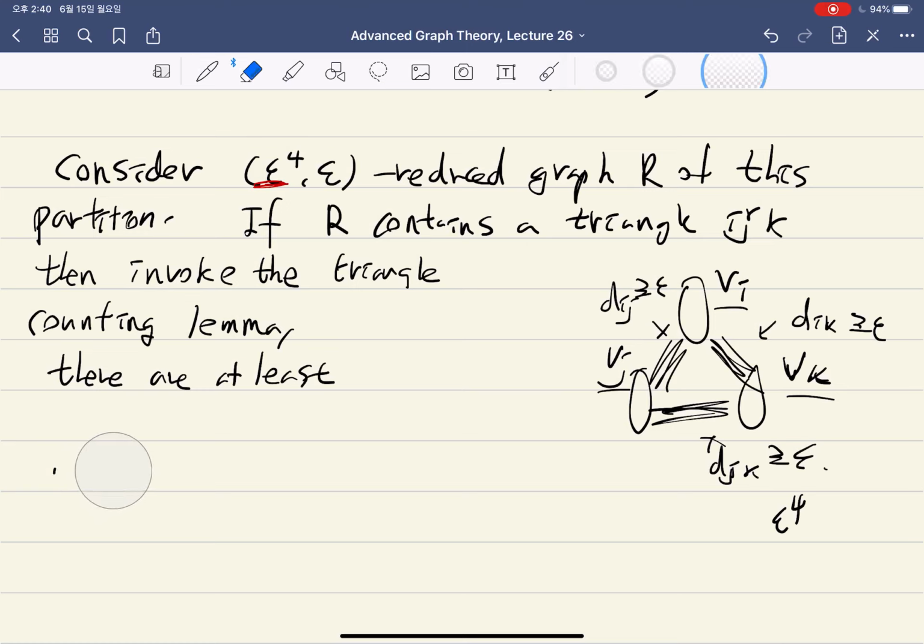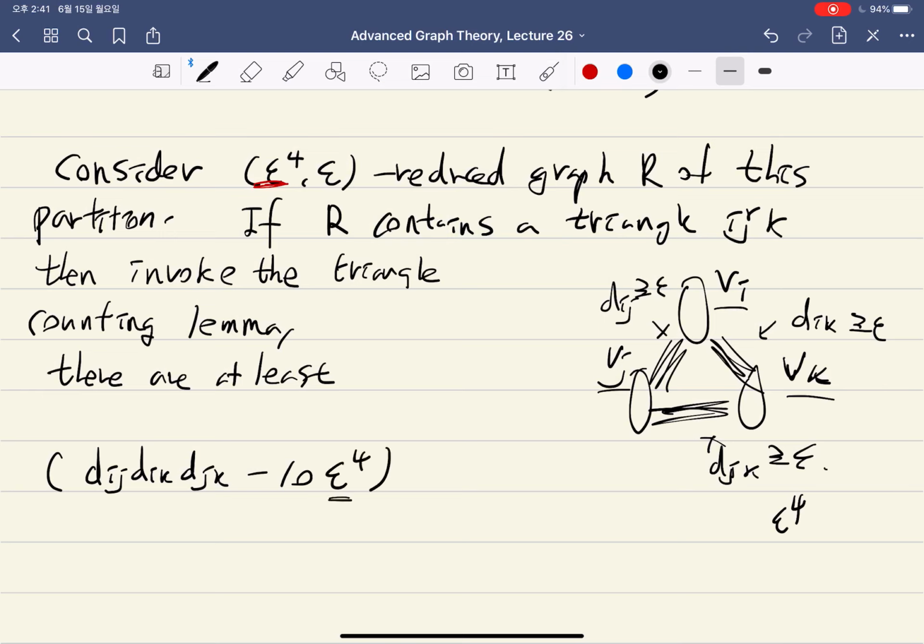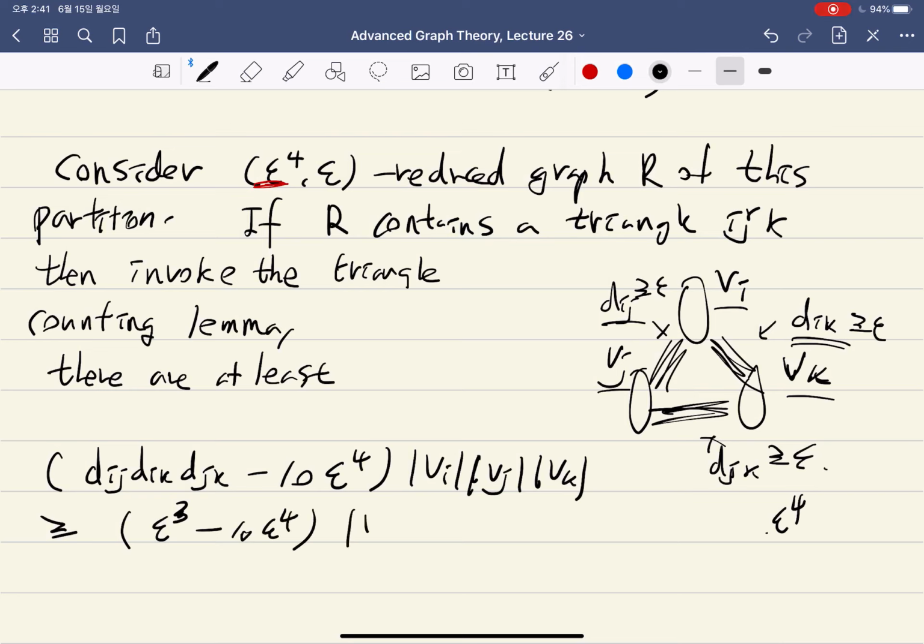So at least, let's write it in more detail. At least Dij, Dik, Djk minus 10 times epsilon to the 4, because this is a regularity constant, which is epsilon to the 4, times Pi, Pj, Pk. And we know that each of these densities is at least epsilon, so this is epsilon cube minus 10 epsilon to the 4.